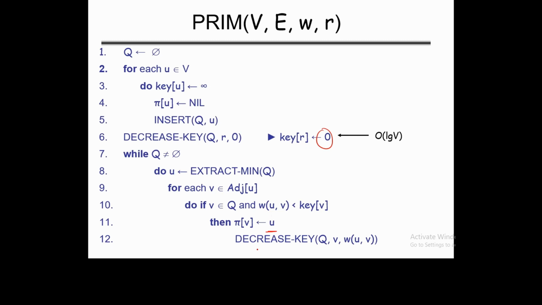And what we will do, we simply modify the key of that particular node by the decrease key operation. So in this operation we are passing Q, v and edge weight. So इस particular vertex की जो key है, it will be modified by this. ठीक है, in the queue. So this is the algorithm, and the process goes on till the queue becomes empty.